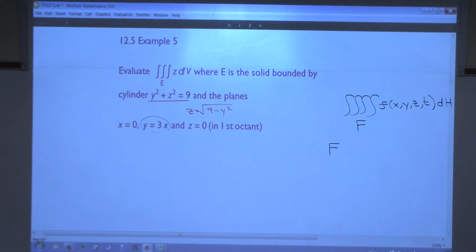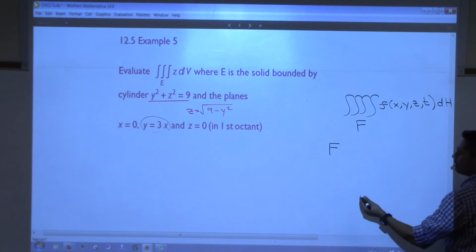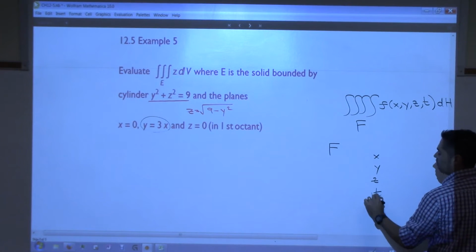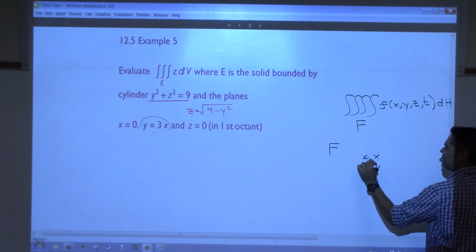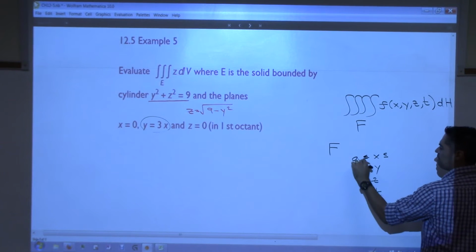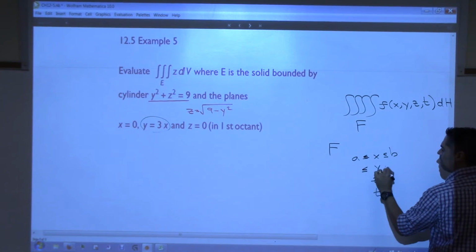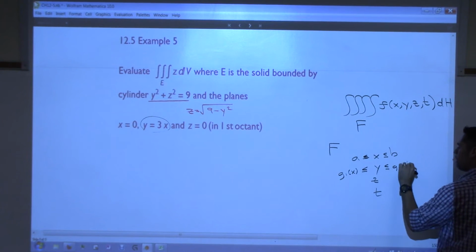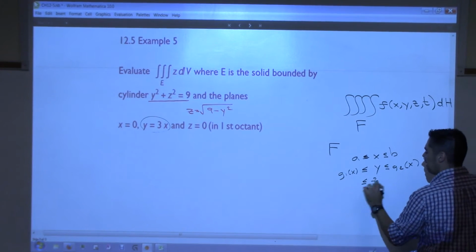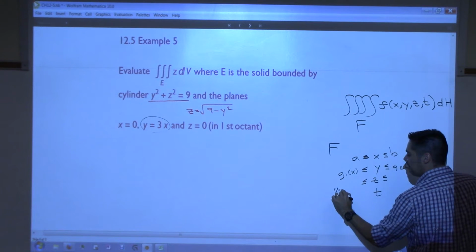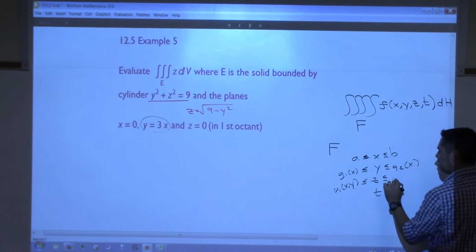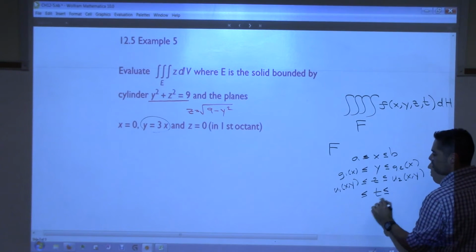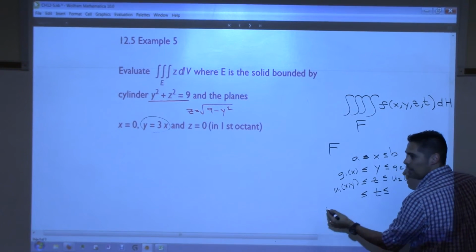I could do that. And what you would have to come up with is restrictions on x, y, z, and t, right? X would be between two constants, let's say a and b. Y would be between two functions of x. Z would be between two functions of x and y, and t would be between two functions of x, y, z.